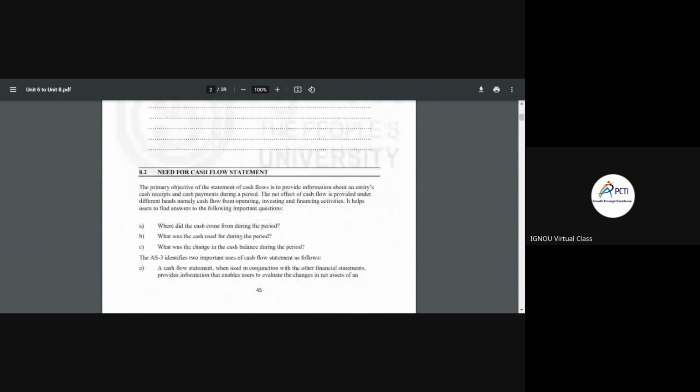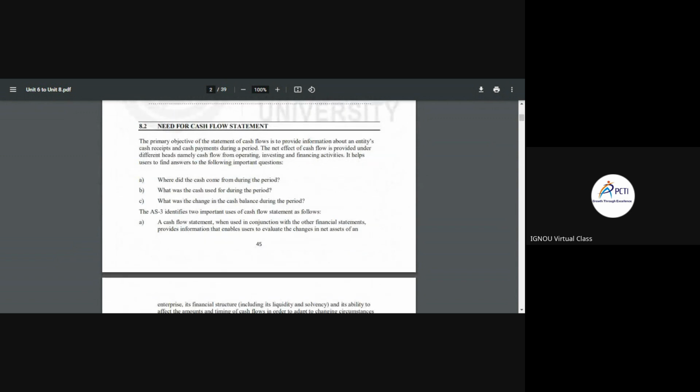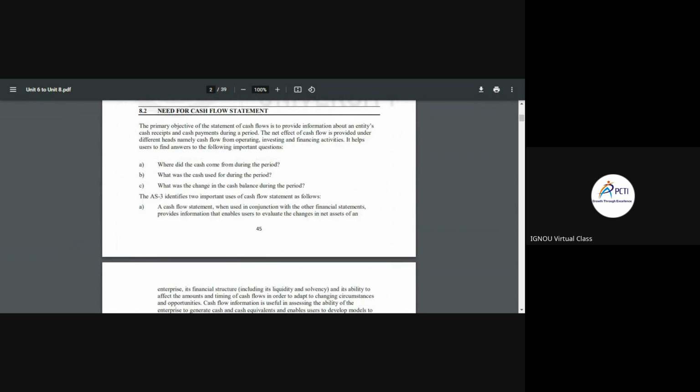So first of all, why do we need a cash flow statement? The basic purpose of the cash flow statement is to know the cash activities running in a business in a particular financial year, and it is divided into three categories. The first one is operating, the second is investing, and the third is financing activities. All the information provided related to cash receipts and cash payments during a particular year is known as the cash flow statement.